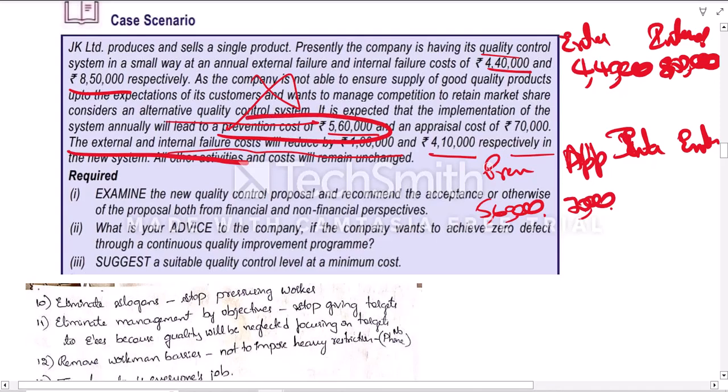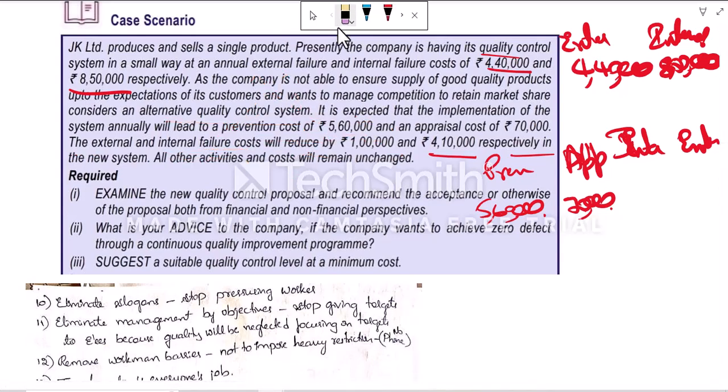But when it comes to the external and internal failure cost, what it is showing is that external and internal failure cost will reduce by 1 lakh and 4 lakh 10,000 respectively in each system. So it will reduce by 1 lakh rupees.